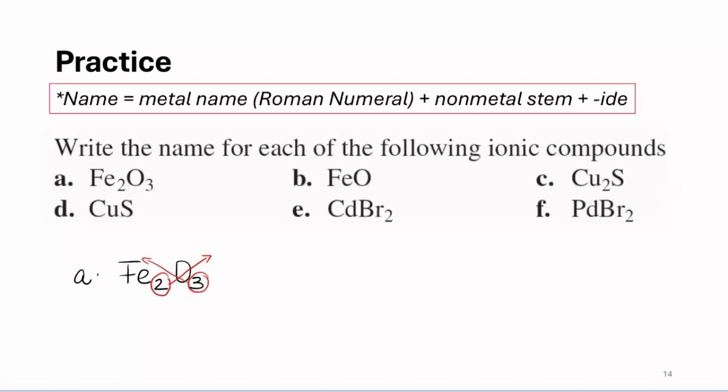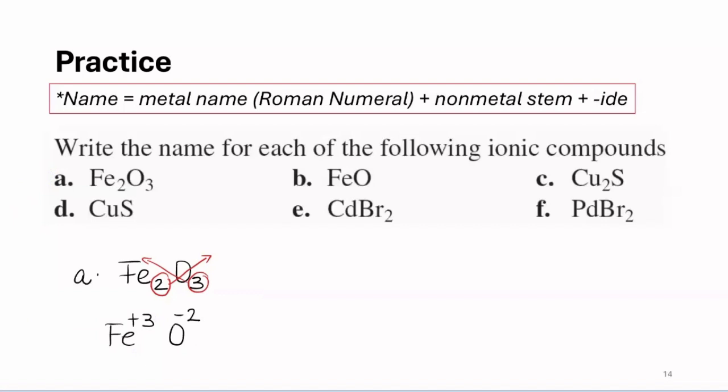So by basically reversing the process of writing chemical formulas, I can write Fe3+, O2-. And if we do the crisscrossing that we have done before, meaning that this 2 goes here and this 3 goes here, you can see that that returns us to the original chemical formula that was given.